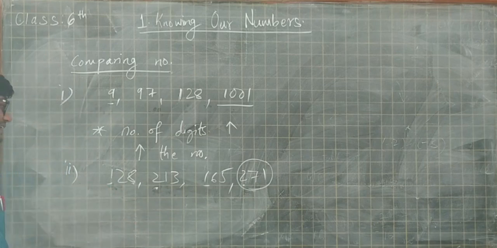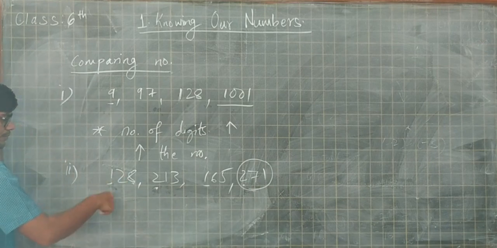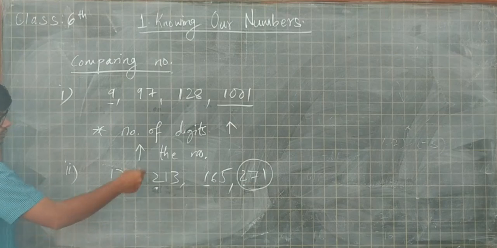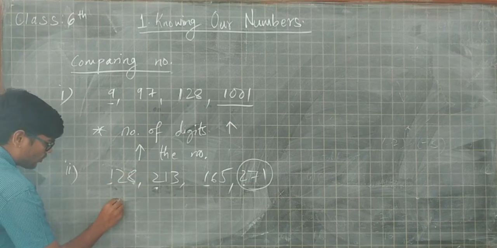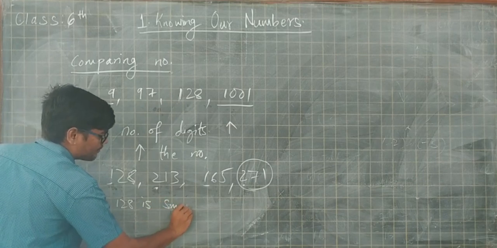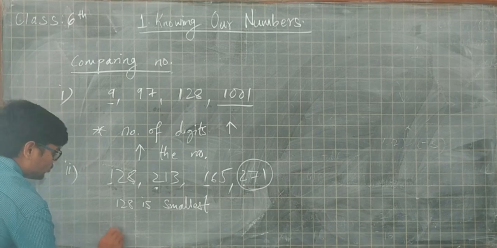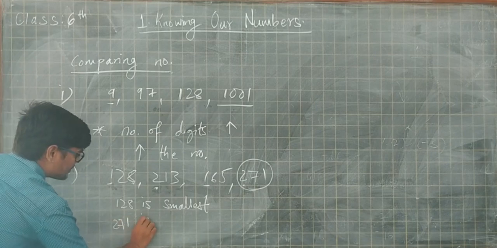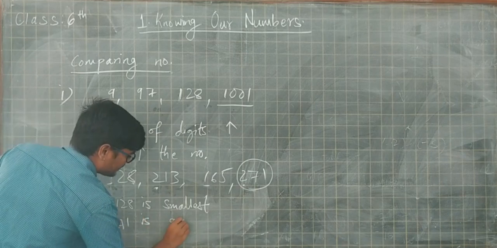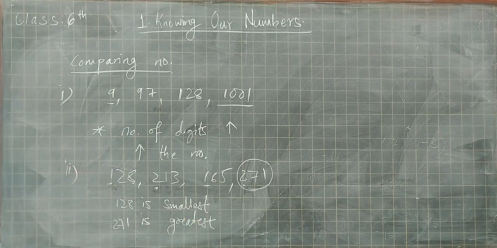Therefore 128 is smaller than 165. Therefore the smallest number among the four numbers is 128, and 271 is the greatest number in this collection of four numbers.